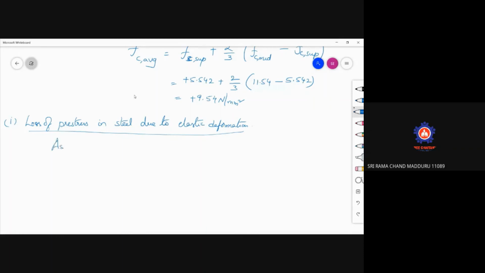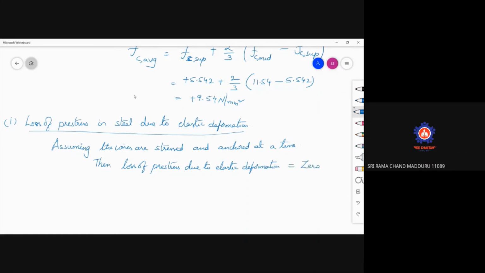So write down: assuming the wires are stressed and anchored at a time, then loss of pre-stress due to elastic deformation is equal to 0.